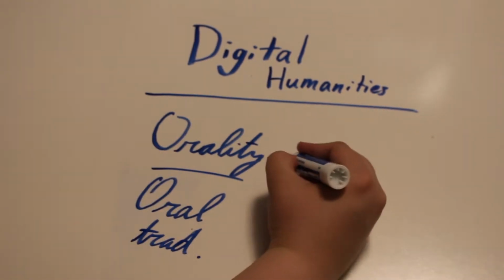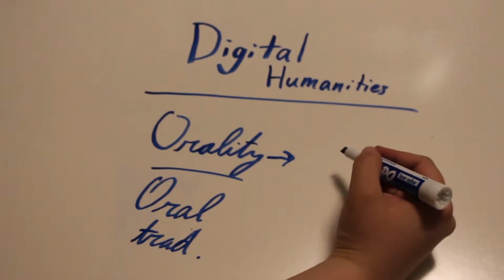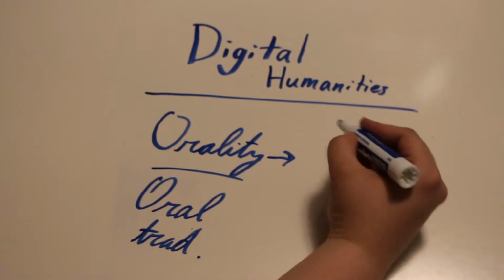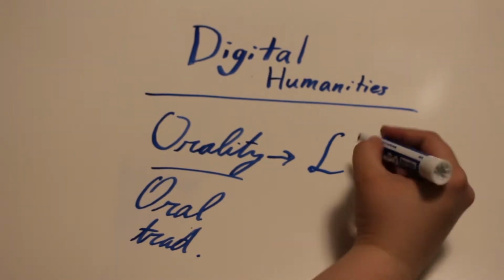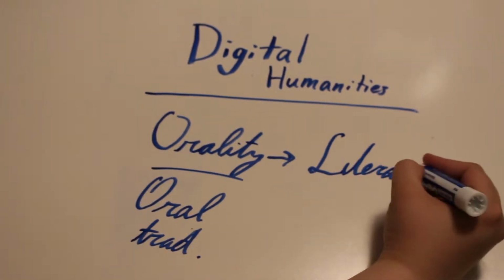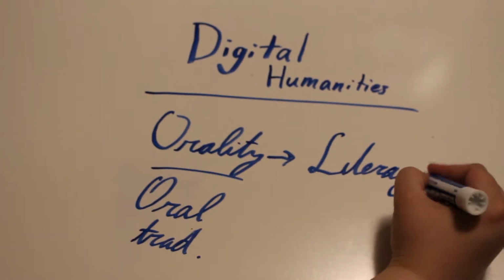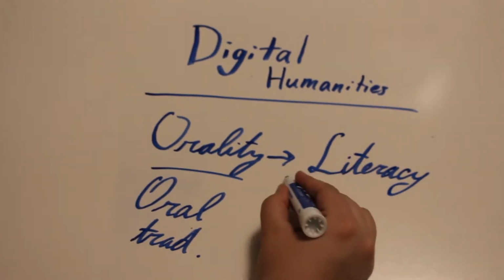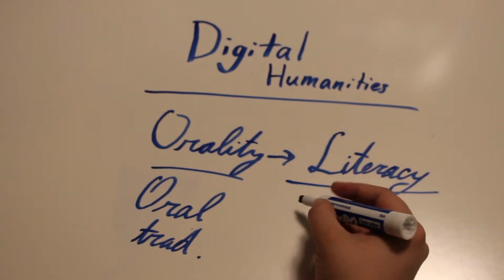But then we moved away from orality. Not that we got rid of it, we just developed other systems, which led us to literacy. And literacy is the written language. So all the books we like, the newspaper, everything is written.